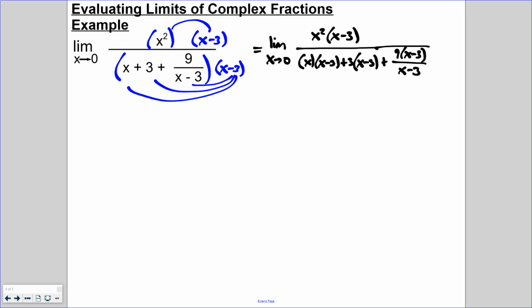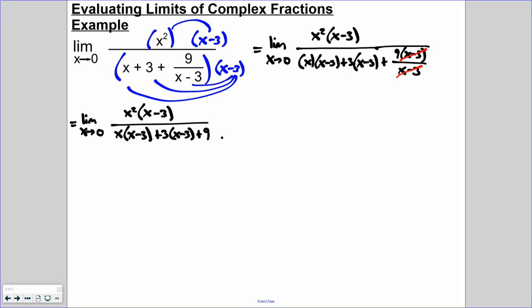Alright, so looking at what we have, we can see we have an x minus 3 and an x minus 3, so we can cancel that out. And then we can rewrite this as being the limit as x approaches 0 of x squared times the quantity (x minus 3) all over x times (x minus 3) plus 3 times (x minus 3) plus 9.